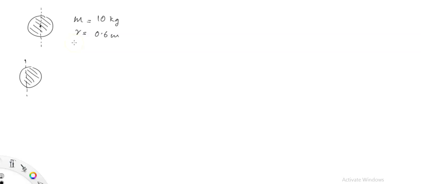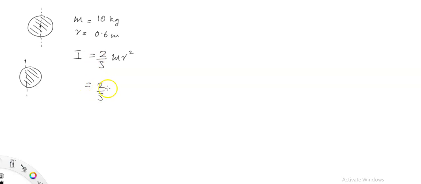So how do you find I? For a uniform sphere, that will be 2 over 5 mr squared.